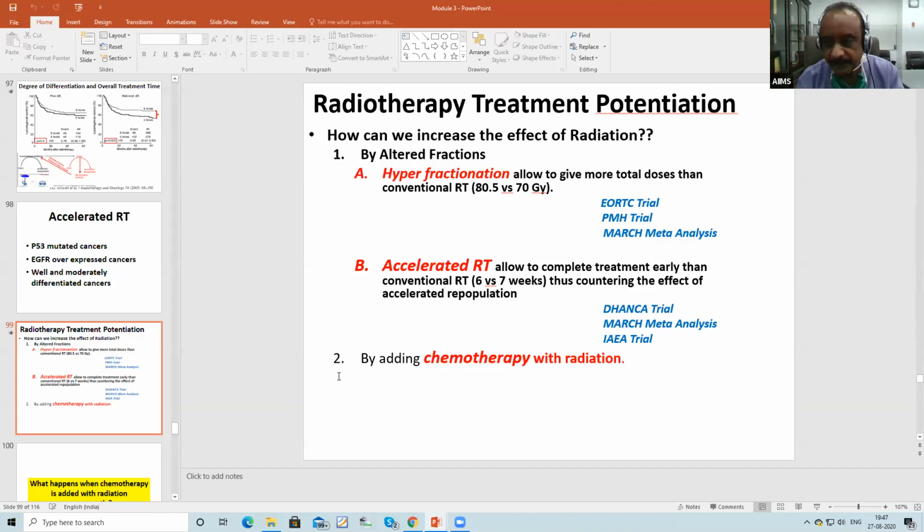If the person is still on, then he can write down and elaborate more, because the law of Bergonié and Tribondeau will be utilized in explaining one of the fractionation schemes tomorrow. But as far as the Danish trial is concerned, I am not getting exactly what the person wants to ask.